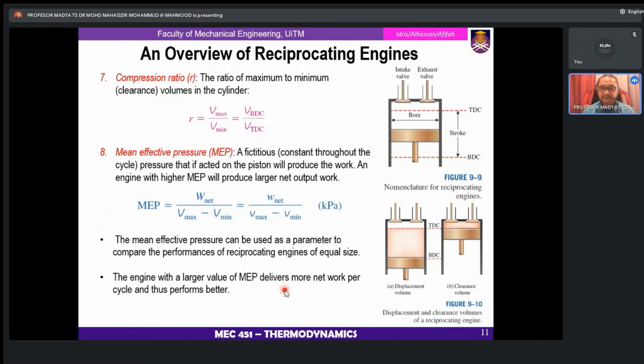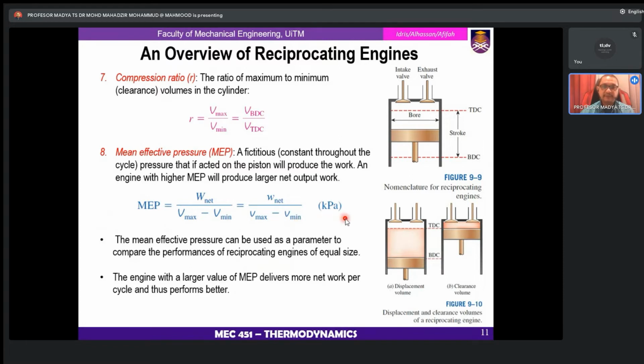You have to know that. The formula of MEP is W net over V maximum minus V minimum, or in specific terms, small w net, the specific work, over specific volume maximum minus specific volume minimum.